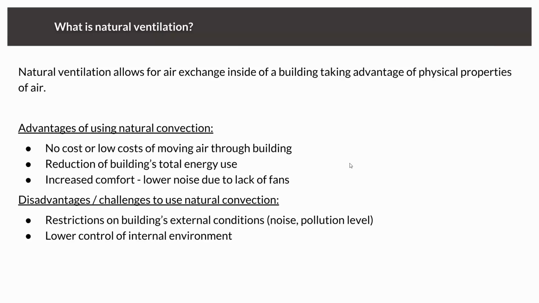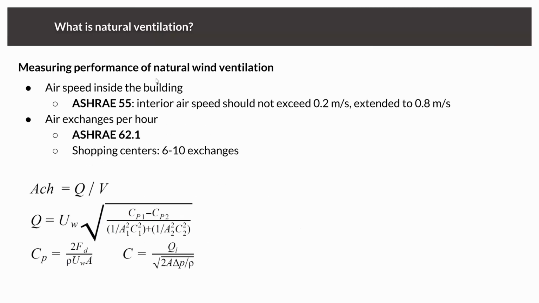And for sure you have lower control, and that's maybe the biggest issue, because you cannot control the wind speed. If the wind speed is just 50% of what you're usually expecting, your ventilation rate will also drop by around 50%. So natural ventilation is very powerful, but you need to make sure that it works.